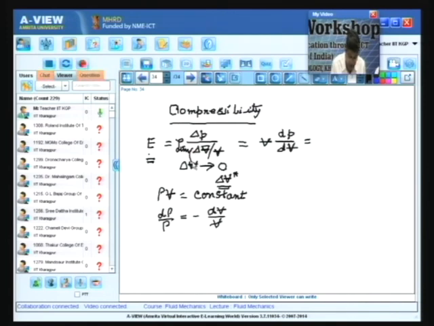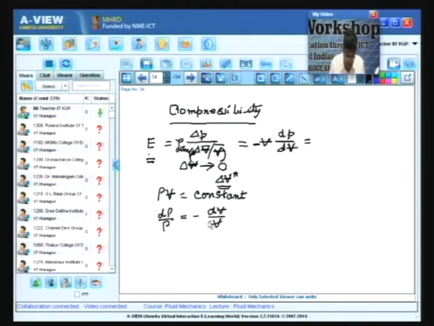That means here it will be minus delta V by V. So, this will be minus by definition, because this is always negative for all substances.